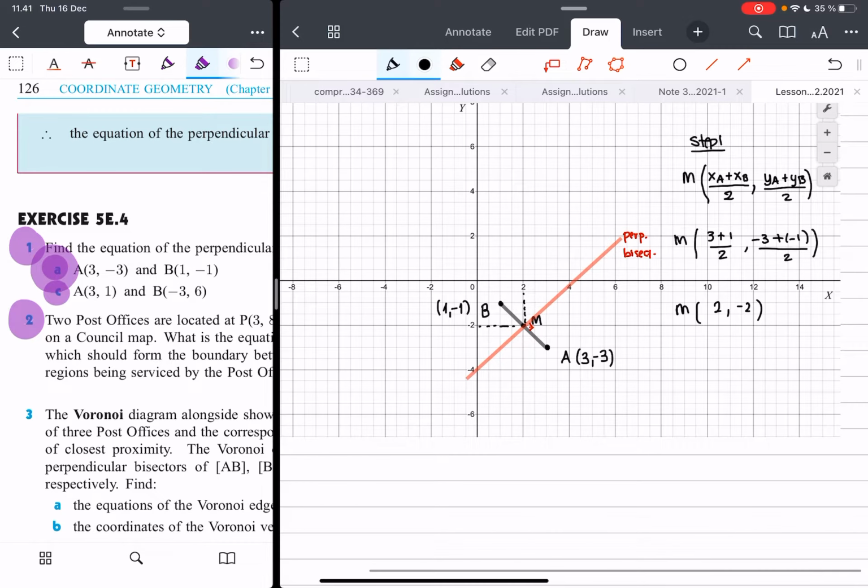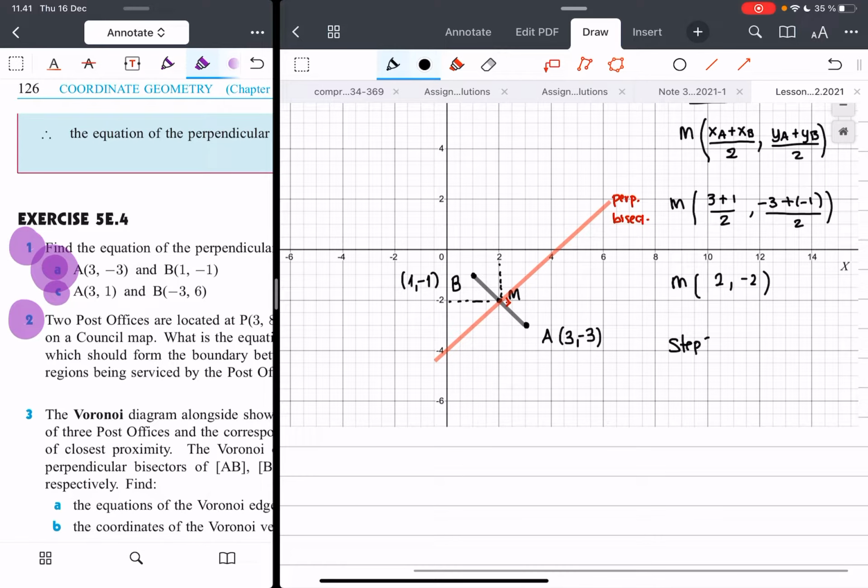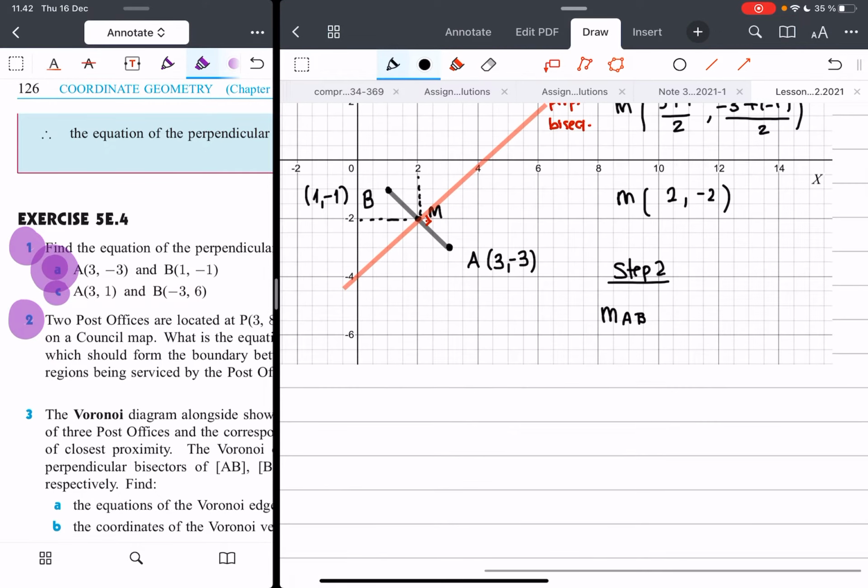Now, step 2 is you will have to find the slope of the segment AB, because that is going to help you later find the slope of the red line, the perpendicular bisector's line. So what is the slope of AB? We learned that when you have 2 points, the slope is given when you subtract their y coordinates and you divide by the difference of their x coordinates.